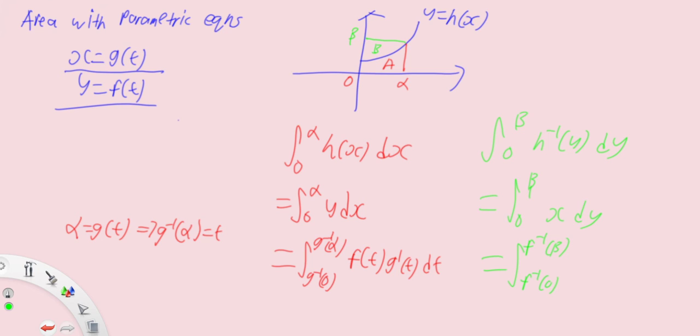Then substitute in x, which is g(t), then multiply by dy/dt, because we're now integrating with respect to t instead of y, and dy/dt we know is f'(t). So this is dy/dt, and this is g', which is dx/dt. This is how you find area using parametric equations, both the x and y axis.